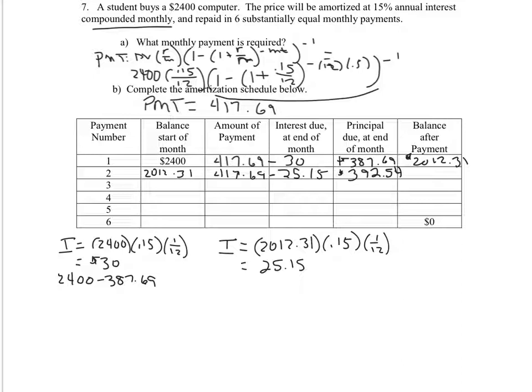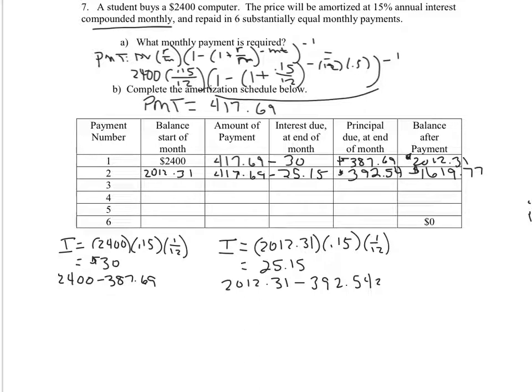And if I would take the $2,012.31 that I owed at the beginning of the month, subtract out this amount of principal, $392.54, that's going to give me a balance of $1,619.77.